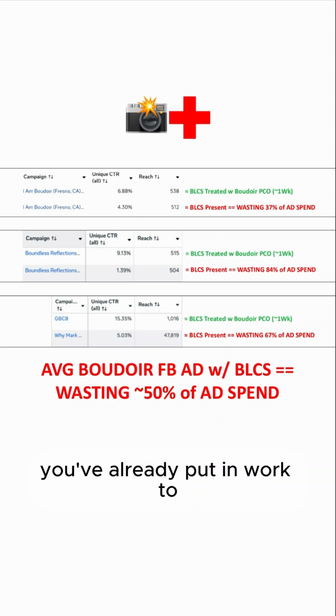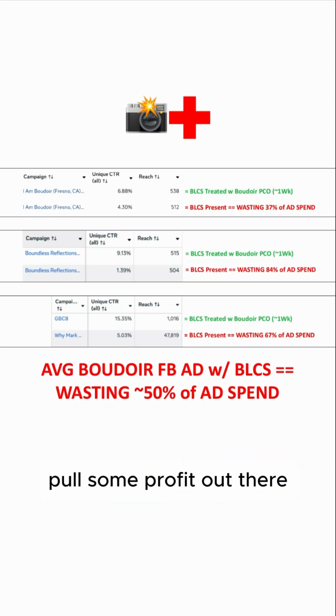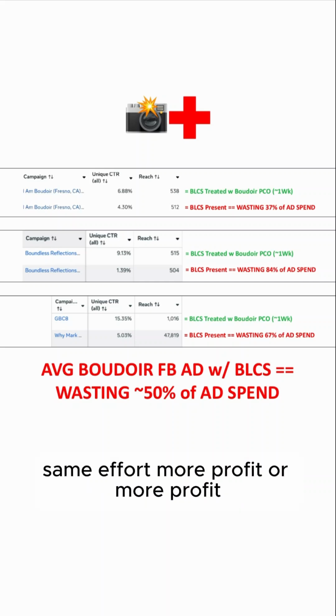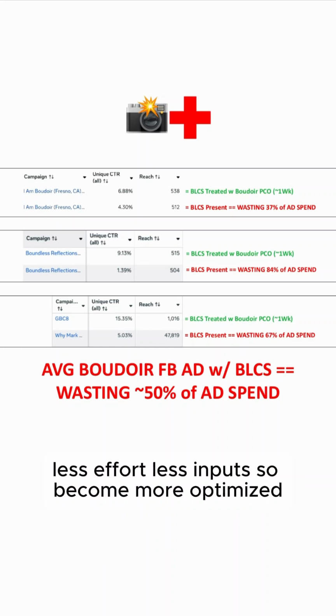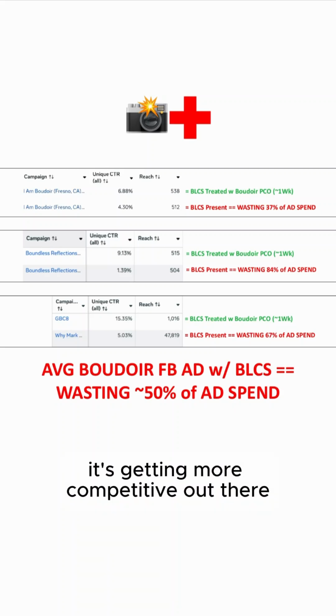So you've already put in work to optimize the other parts of your business, pull some profit out there, same effort, more profit, or more profit, less effort, less inputs. So becoming more optimized because you're seeing it's getting more competitive out there.